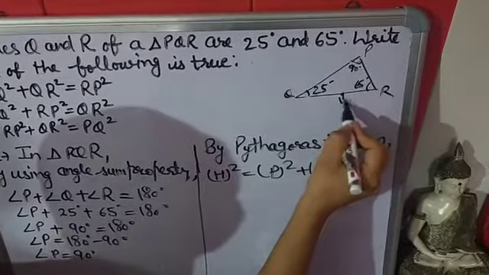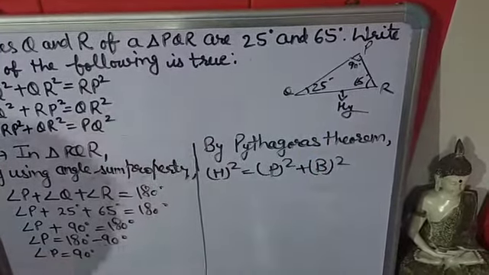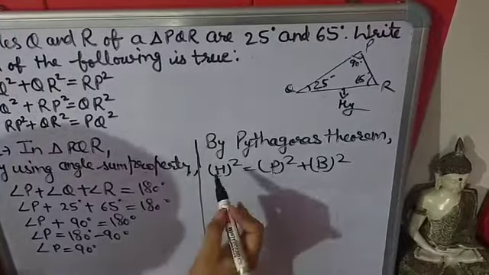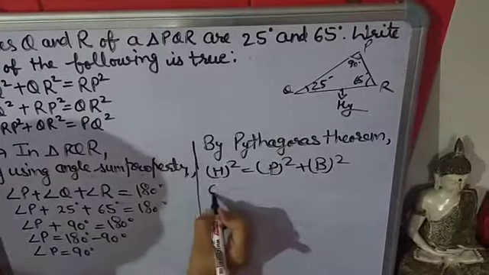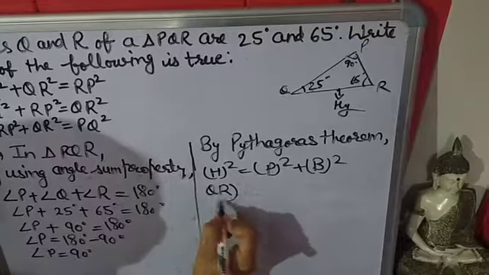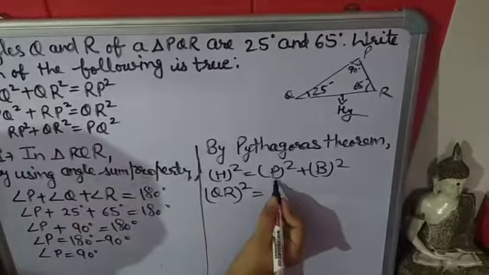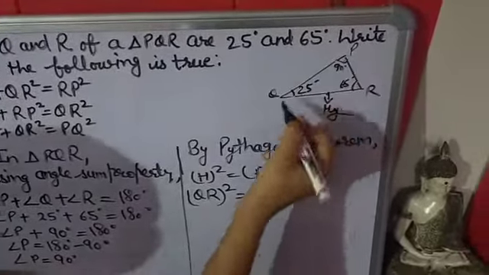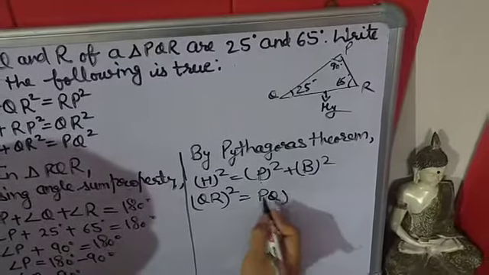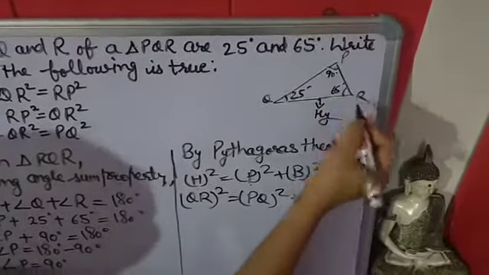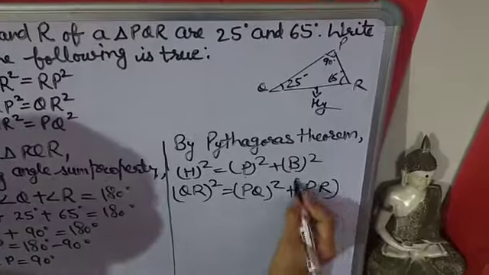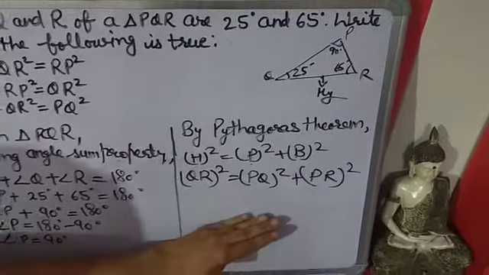So this side will be hypotenuse, ठीक है? So QR, instead of H, what you will write? QR square is equal to perpendicular. You can take PQ as perpendicular and base will be PR. So this is the correct Pythagoras theorem.